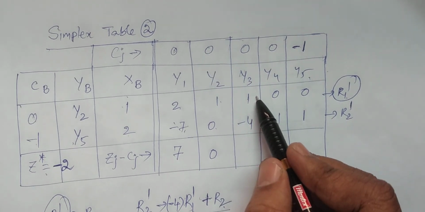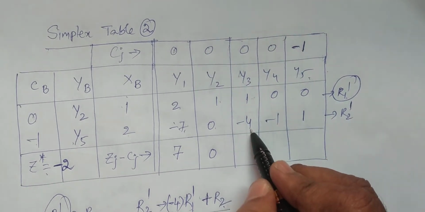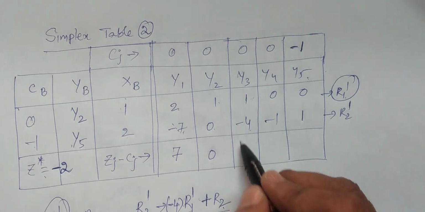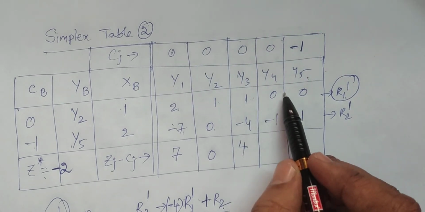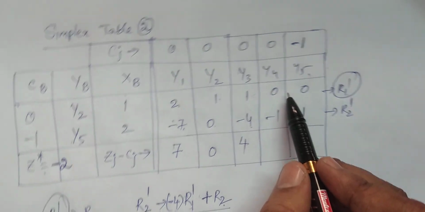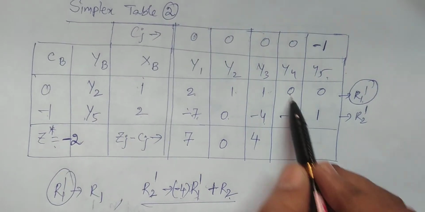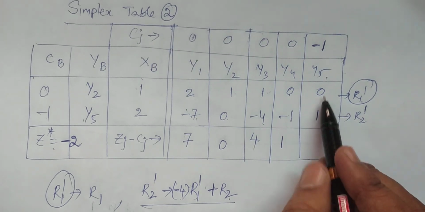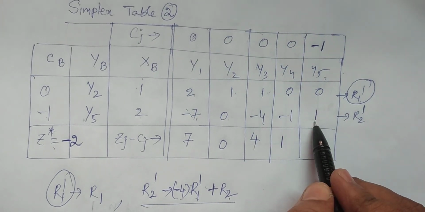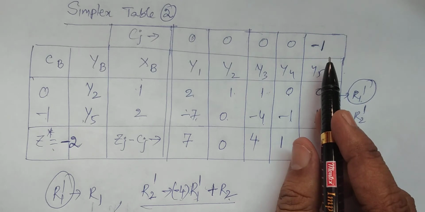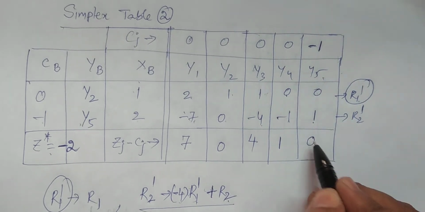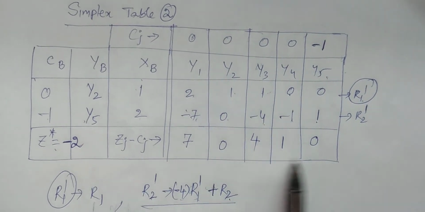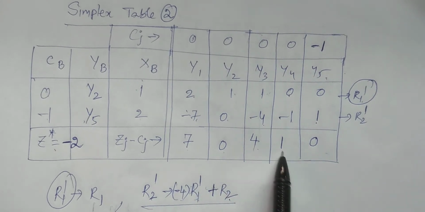Next, 0 into 1, minus 1 into minus 4, plus 4 minus 0, it's 4. Next, 0 into 0, minus 1 into minus 1, plus 1 minus 0, it's 1. Next, 0 into 0, minus 1 into 1, minus 1, minus of minus 1, plus 1, so it is 0. So these are the net evaluations: 7, 0, 4, 1, 0.